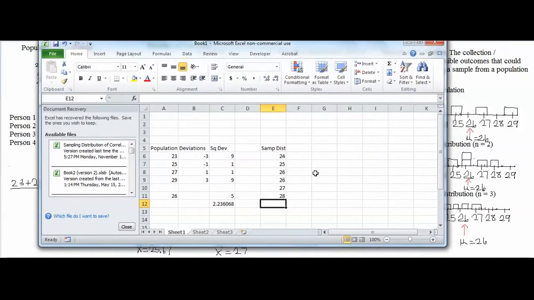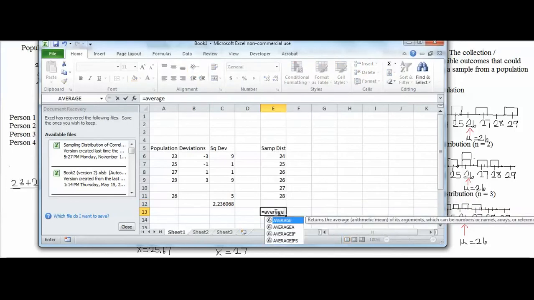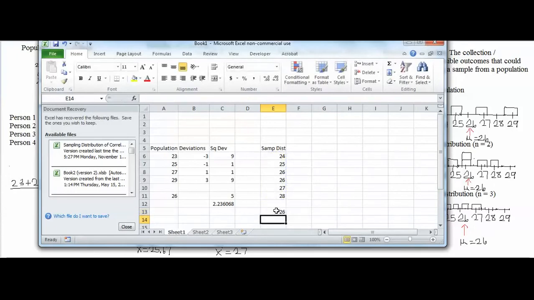We need to get the mean of all of these numbers in here. So we type in equals average. We highlight the numbers, and then we close the parentheses and press enter. We get the average, which is 26.